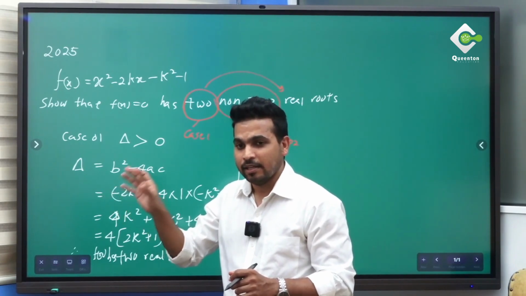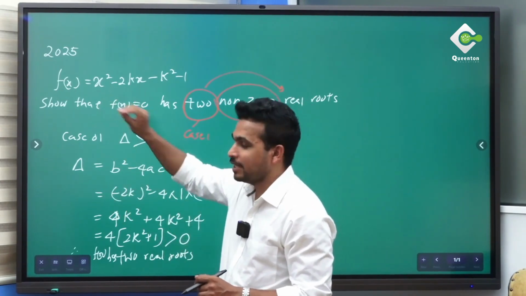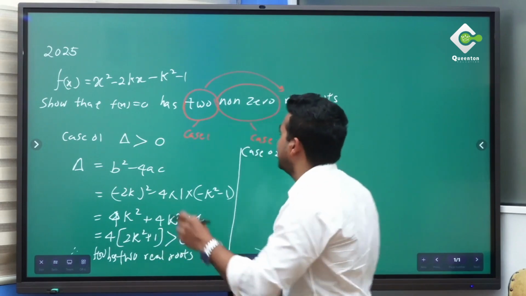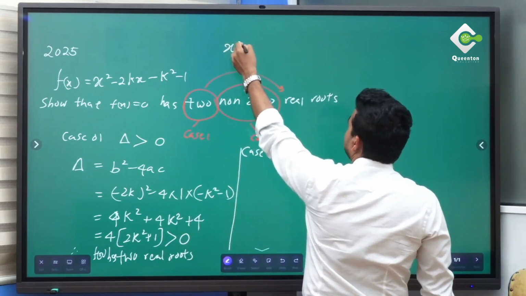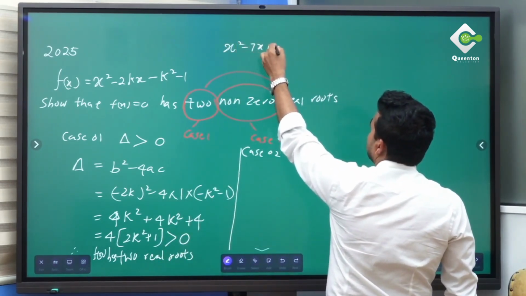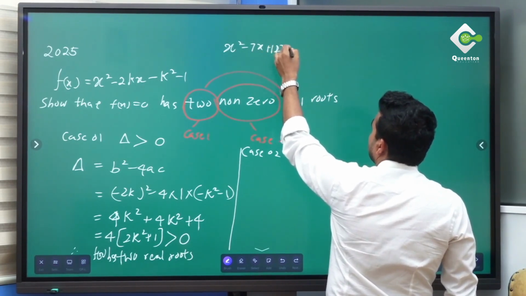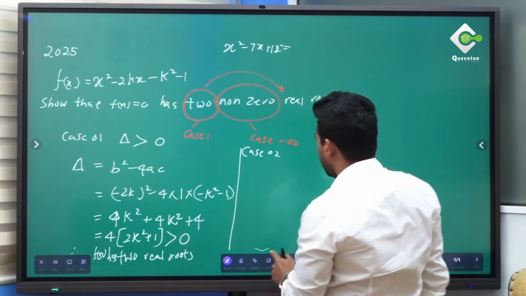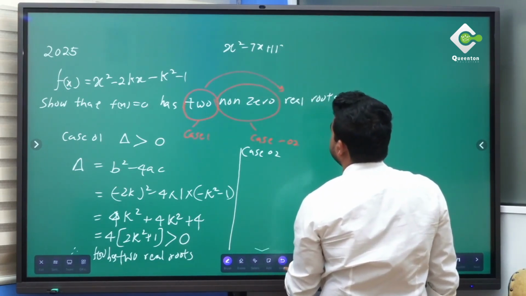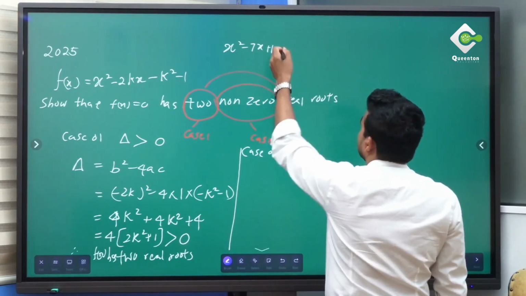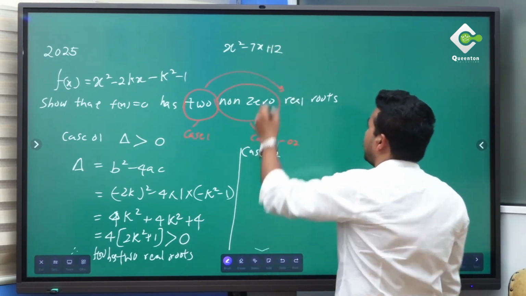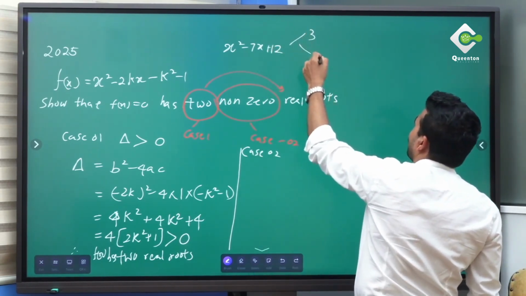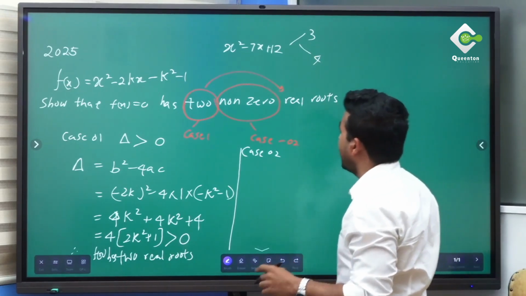Can you understand? Let's take an example. Here the equation is x squared minus 7x plus 12, right? The roots are 3 and 4.